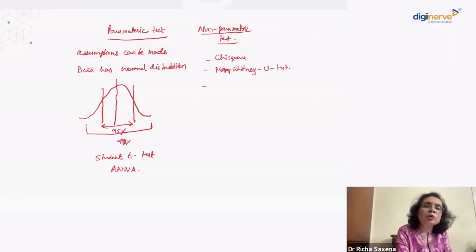If you apply that to most of the questions, you'll be able to solve them. Most of the questions, you will be able to make out whether normal distribution is being followed or not. And then based on that, you can decide whether it is student t-test, chi-square test, Mann-Whitney U-test, or the Wilcoxon rank test.